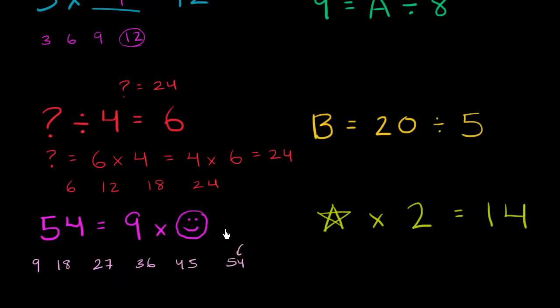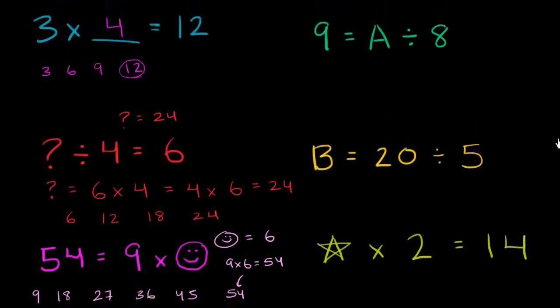So we now know that the smiley face must be equal to 6. If we replace the smiley face with a 6, then this equation is true. 54 is equal to 9 times 6.